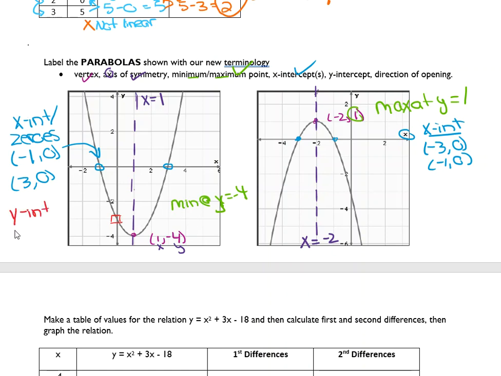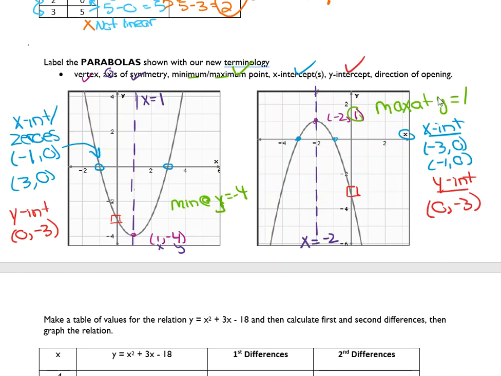This time we have an x value of 0 and a y value of -3. -3 is everywhere today. And the other graph, there's my y-intercept. There's another -3. So the y-intercept here is also 0, -3. They have the same y-intercept.